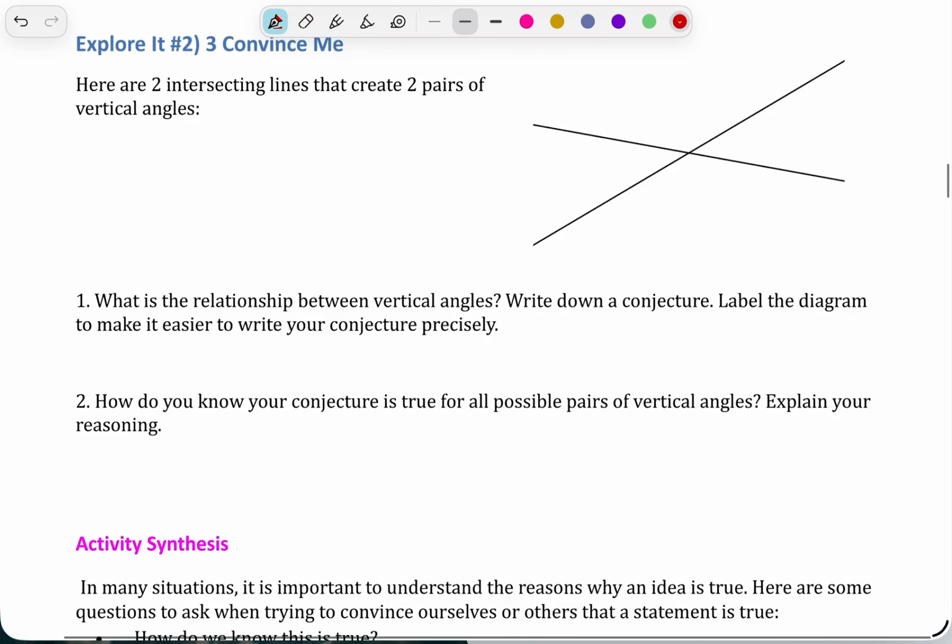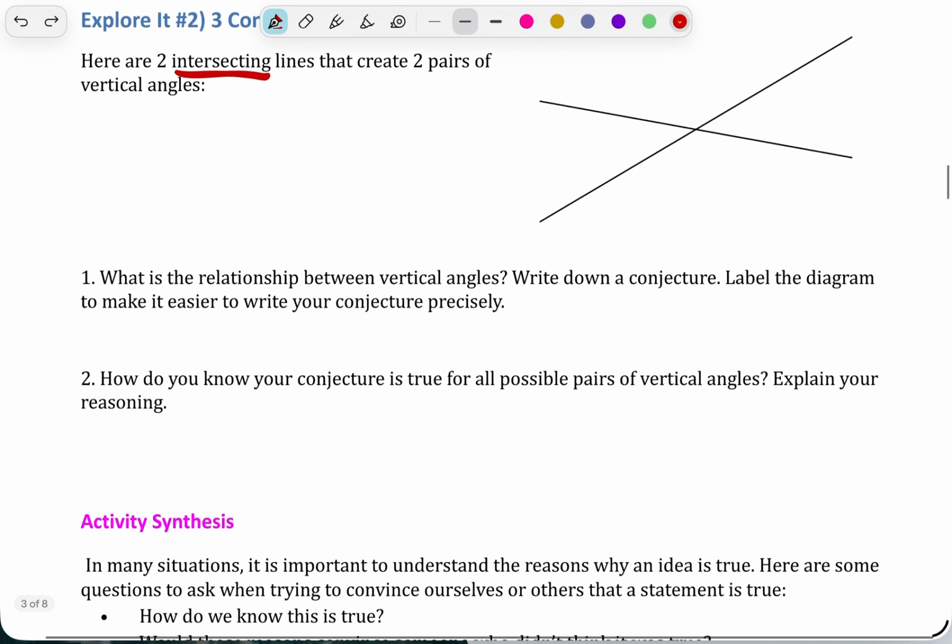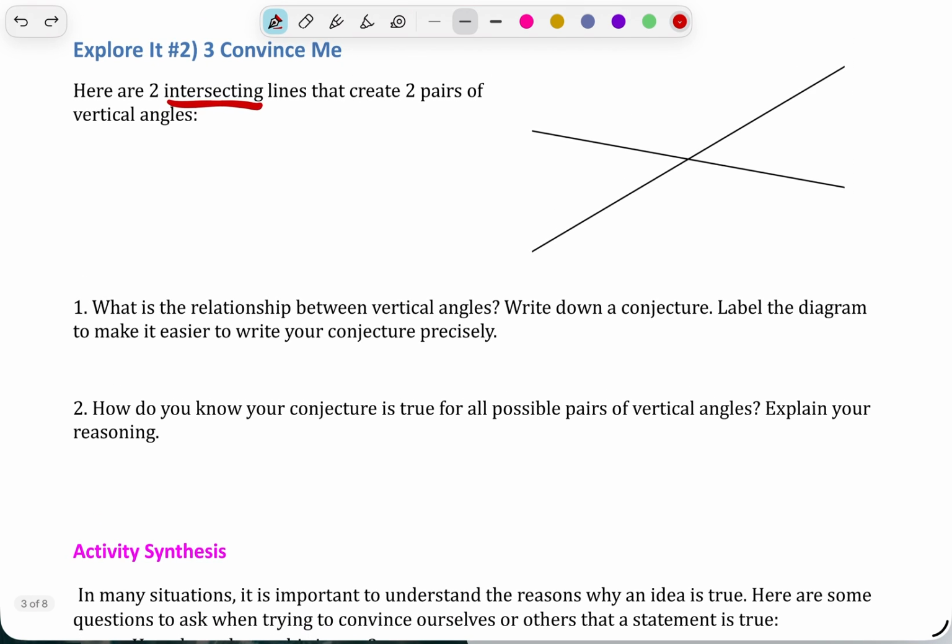Convince me. There are two intersecting lines, that's our vocab word, that create two pairs of vertical angles. So the intersecting lines are this line and this line. Number 1, what is the relationship between vertical angles? Write down a conjecture.